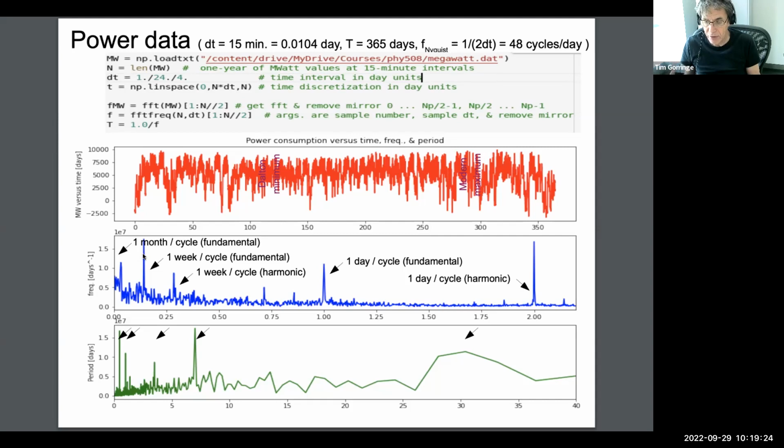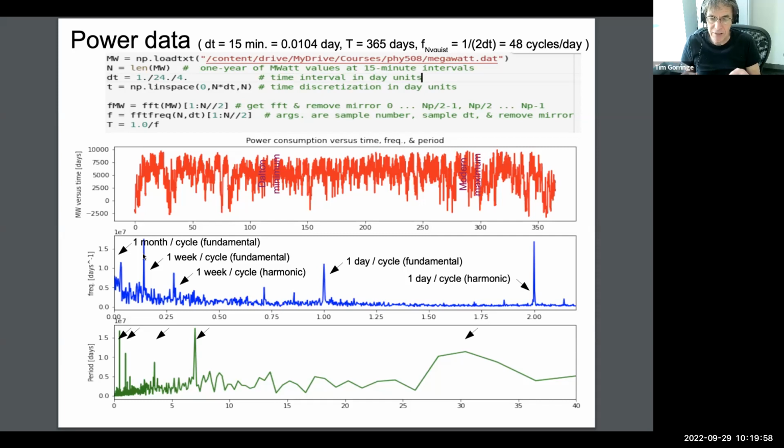In addition to the fundamental frequency of 1 cycle a day and the fundamental frequency of 1 cycle per week, there are harmonics of those frequencies. If the daily dependence was a simple sine wave variation of the power consumption, then we would just see the fundamental frequency. If the weekly dependence was a simple sine wave, then we would just see a single frequency.